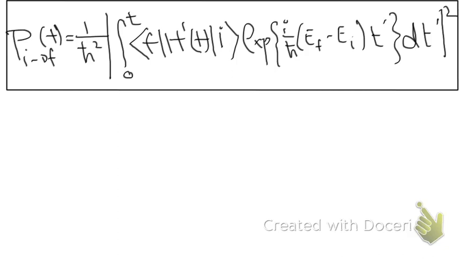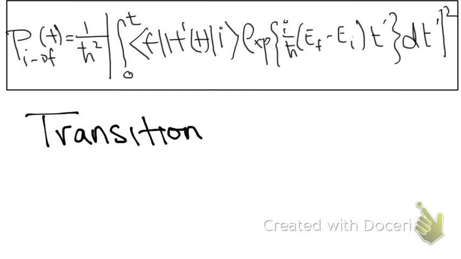So this was it for the video, and this is the transition probability. This quantity over here, this is what we call our transition probability.